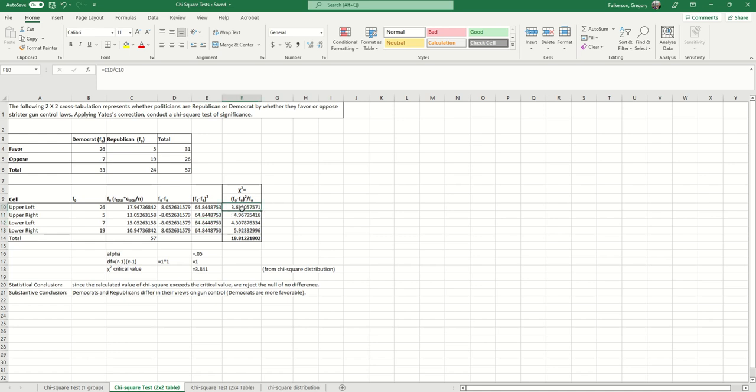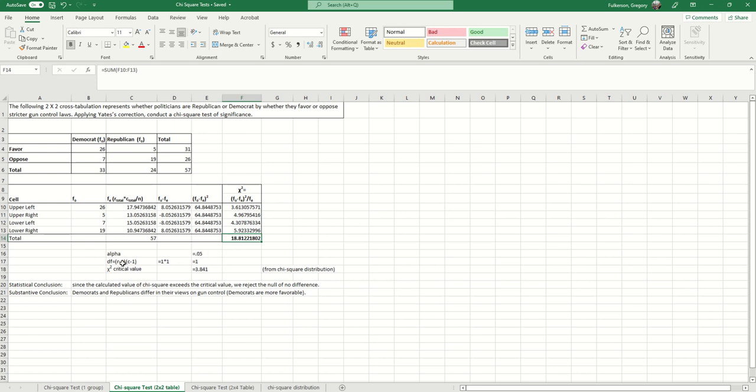And then this column is the same as well. We take the squared deviation and divide by the expected value. So in this case, it's E10 divided by C10. And then we do that same thing for each row. And then, as before, we add together the different rows to give us our calculated chi-square value.